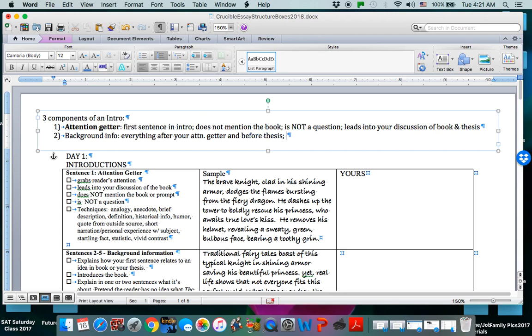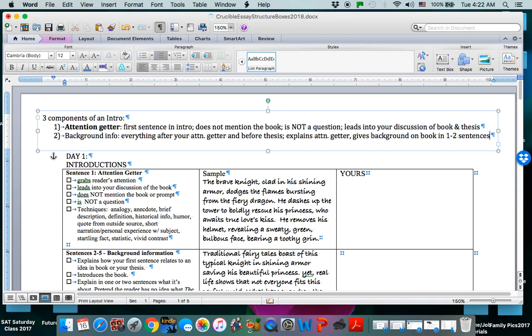So basically it explains your attention getter, and gives background on the book in 1 or 2 sentences.